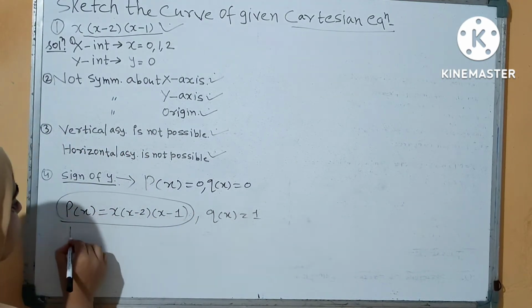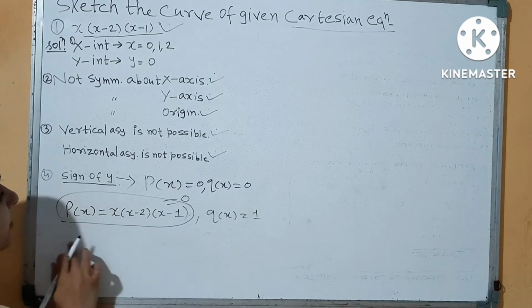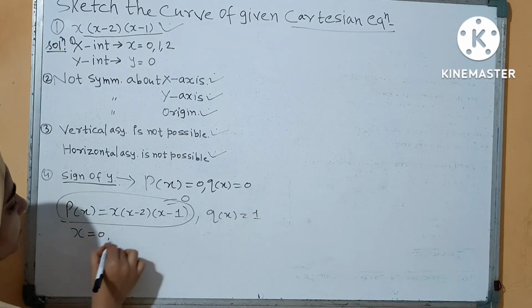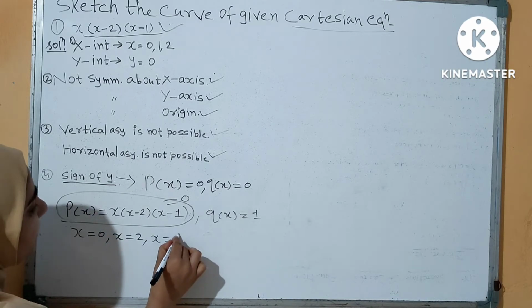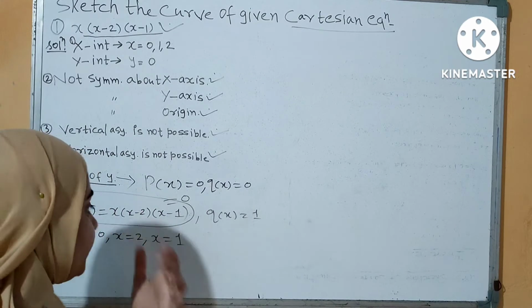Take P(x) = 0. Whenever you take P(x) = 0, you are left with x = 0, x = 2 and x = 1. Understand? Till here, just understand, then we'll go ahead.